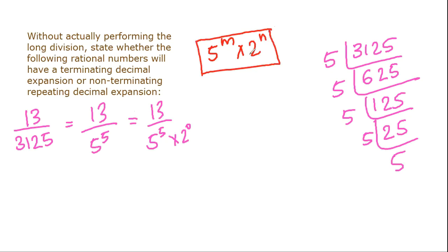If in the p by q form of a rational number, q, the denominator, is of the form 5 raised to m into 2 raised to n, then we can say that its decimal expansion will have terminating place values. So here we can say that the decimal expansion of this number will be terminating.